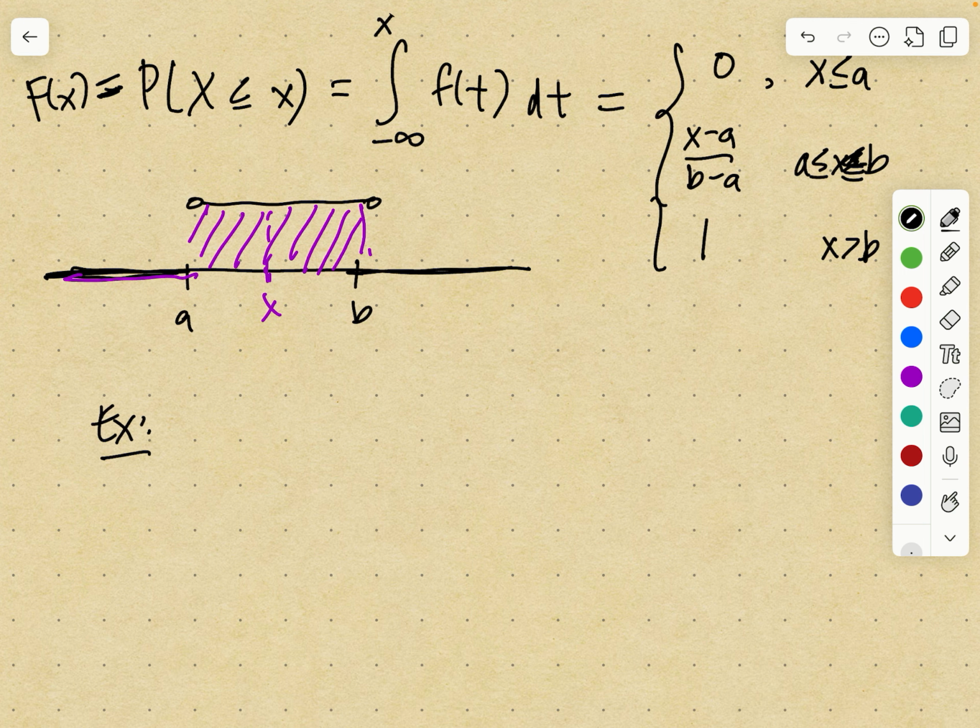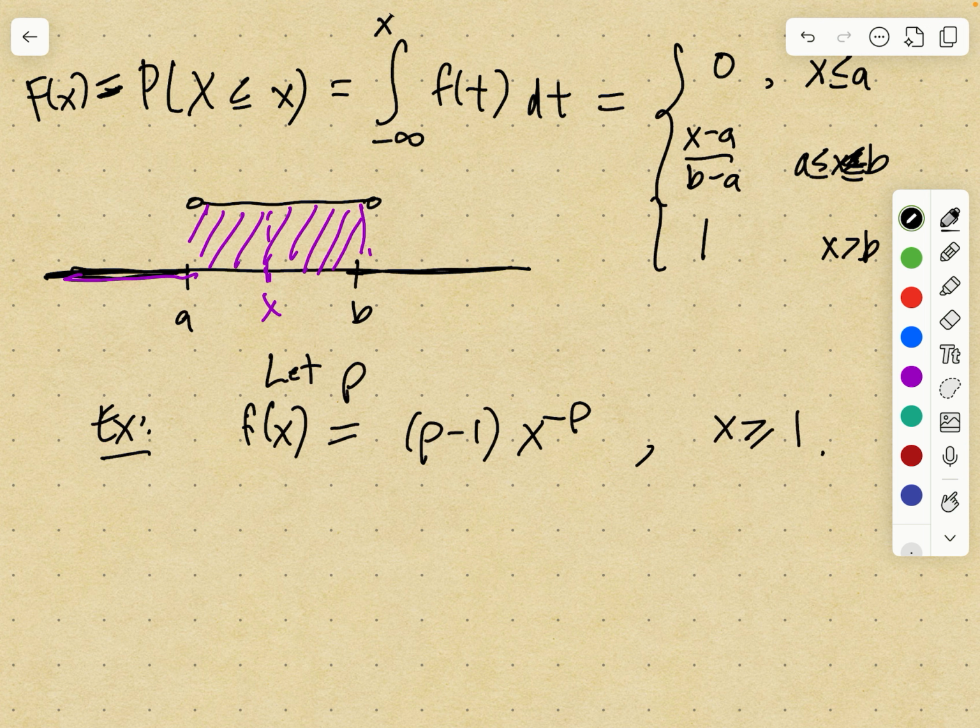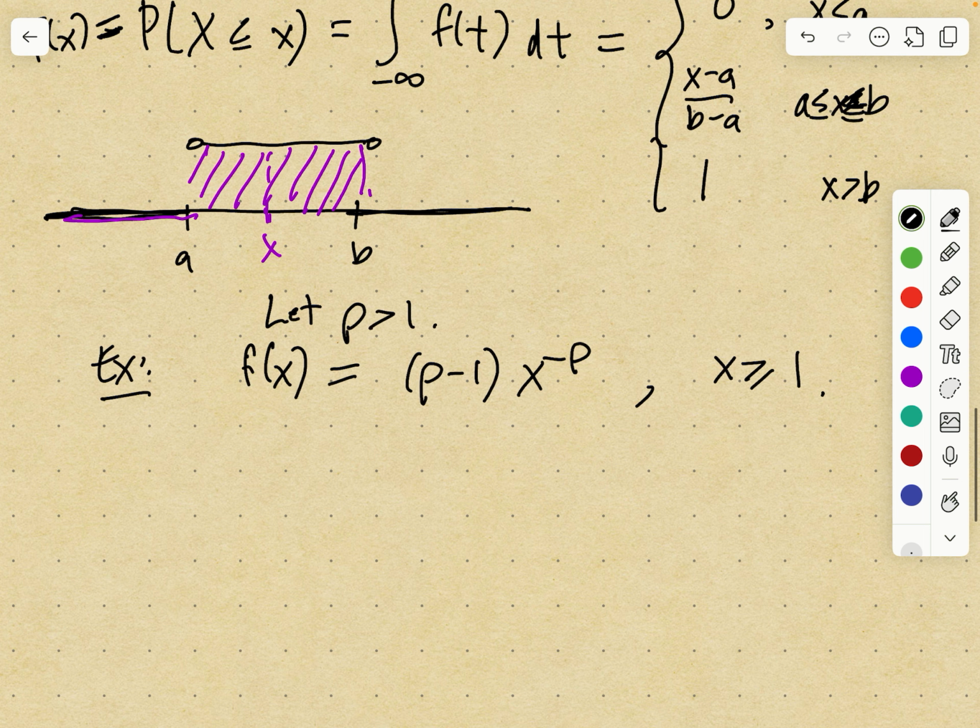Okay, so let's look at a different example. Little f of x equals rho minus 1 times x to the minus rho, where x is greater than or equal to 1, and rho is greater than 1. Well, we see that capital F is 0 when x is less than or equal to 1, because you're just integrating 0.